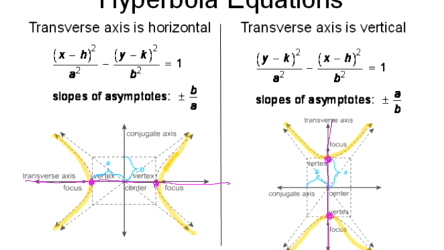Okay, so let me give you a minute to write that down, because that'll be your essential question for your 5 points extra credit today. The transverse axis goes through both vertices.